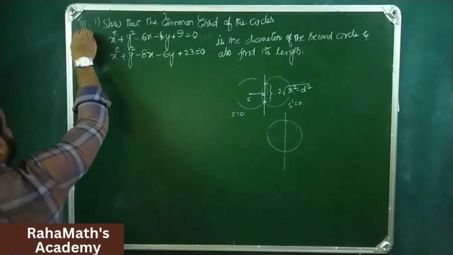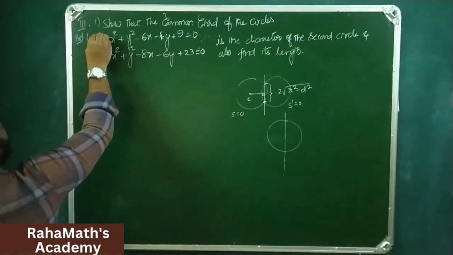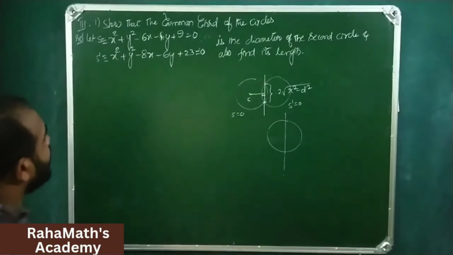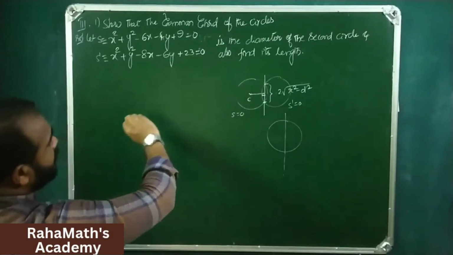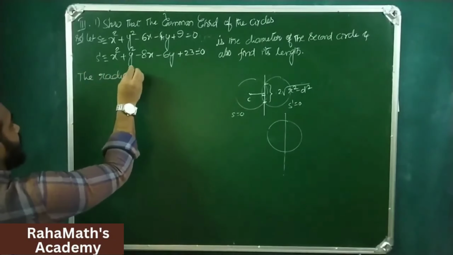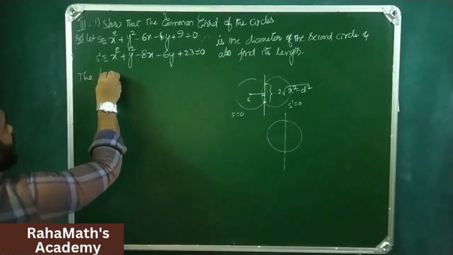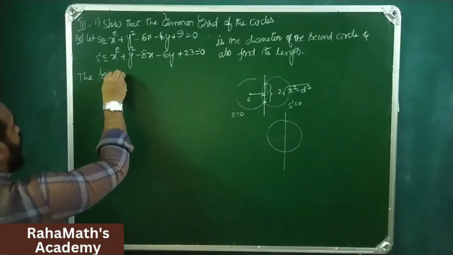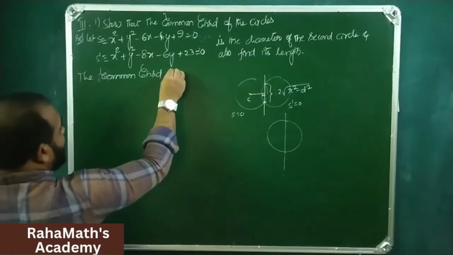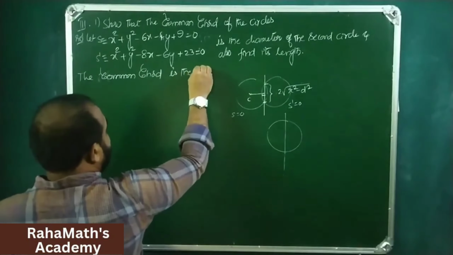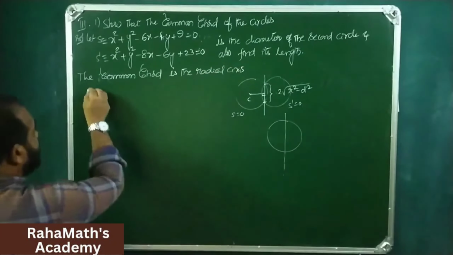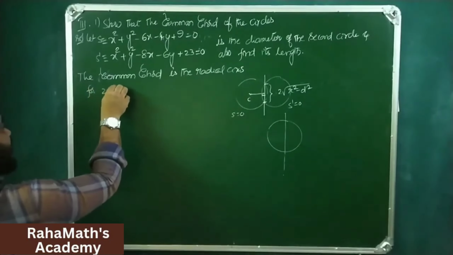So solution: let the two circles be S and S dash. The common chord is the radical axis for two intersecting circles.